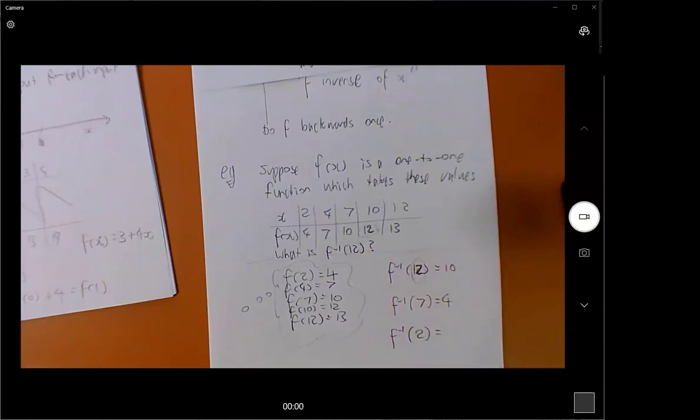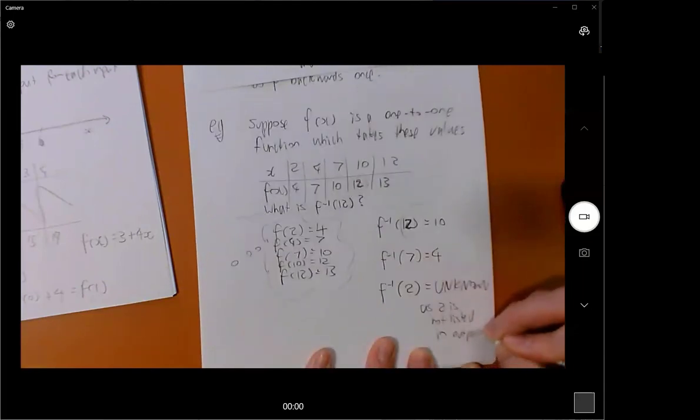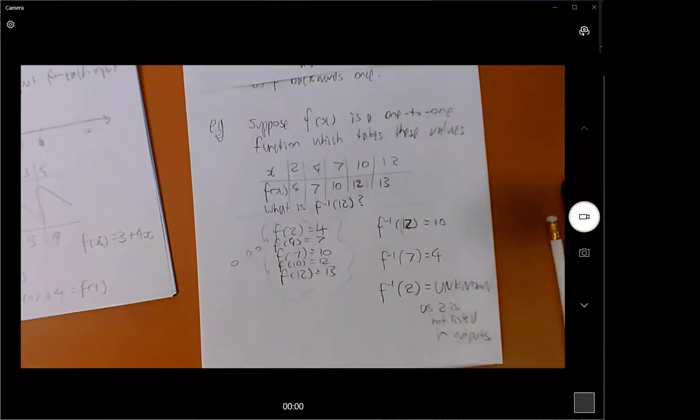We don't know, because 2 doesn't appear in the outputs, so we can't do our function. And I just wanted to put that out there, that unless you have a formula, you might not have a chance of knowing what the inverse is. So, cool, okay.